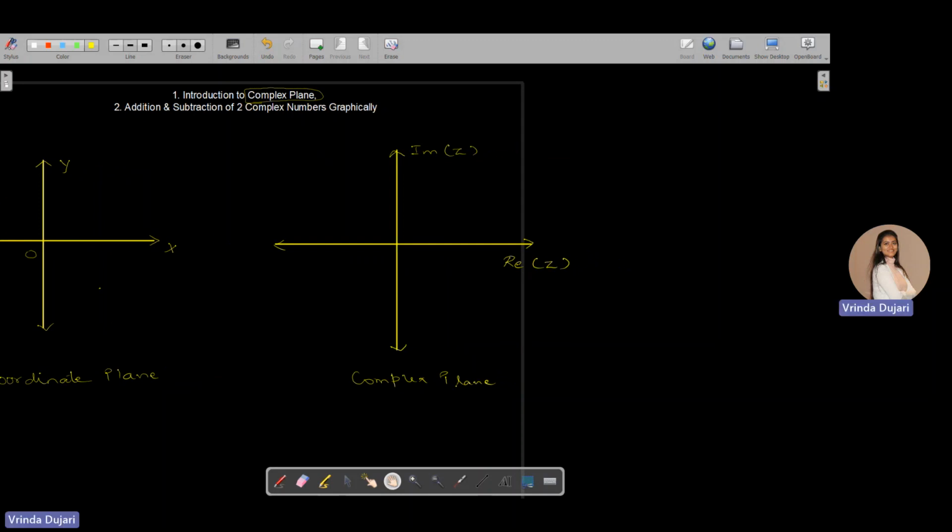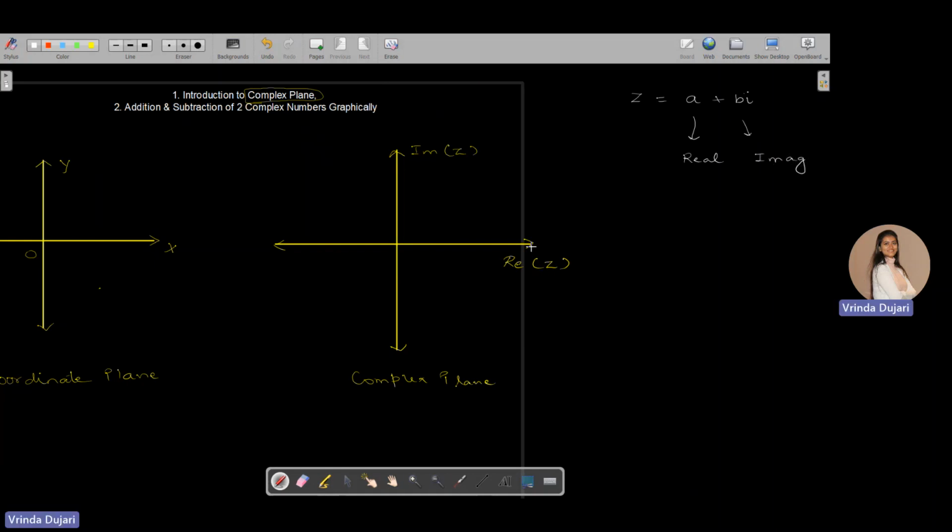So if you remember, any complex number has two components. If I have a complex number z = a + bi, here this a was the real part and this b was the imaginary part.